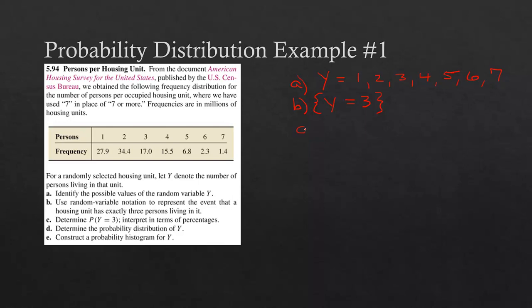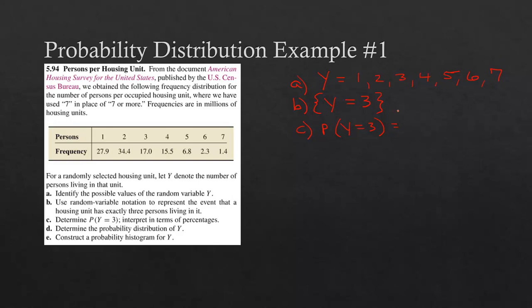Alright, well, let's look at letter C. It asks, what is the probability that Y equals 3? And it says interpret in terms of percentages. Well, look at what we have above. We have frequencies. We don't have relative frequencies. So if you look at 3, 17 is not the probability. 17 is the frequency.